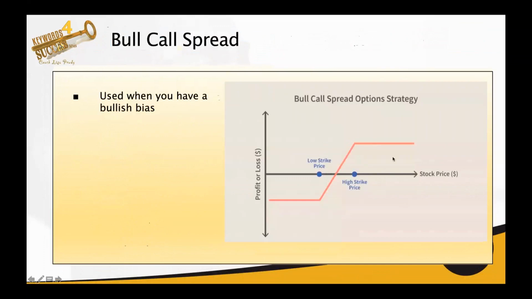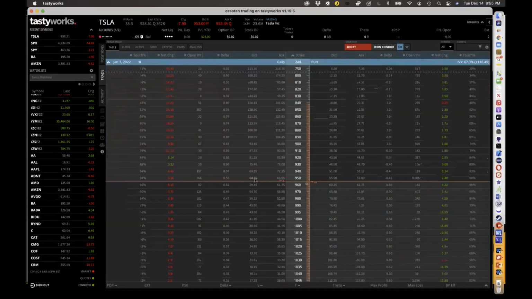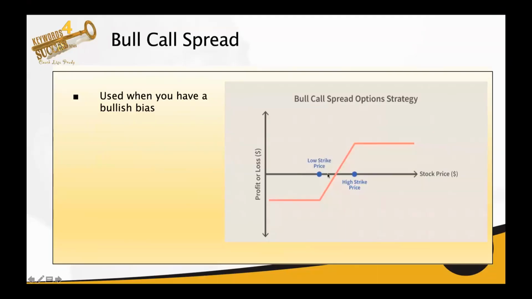If I can show you what this means in a picture, if I go here again, let's say I'm buying here and I'm selling here. My low strike and my high strike are right here.